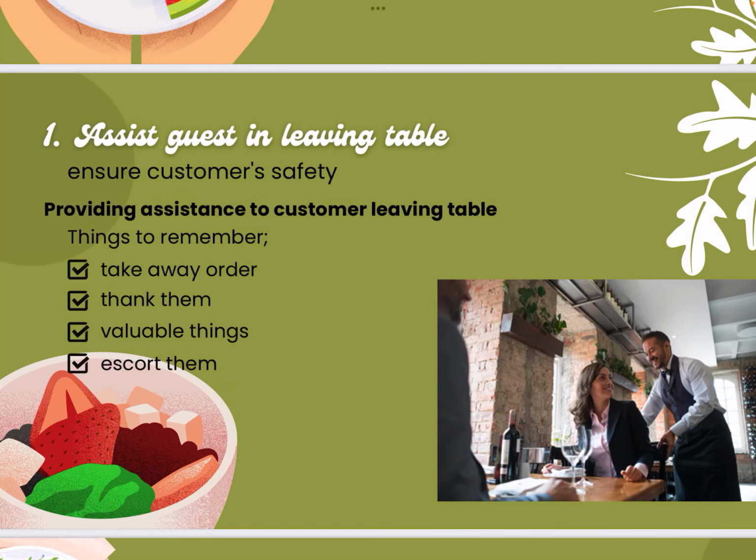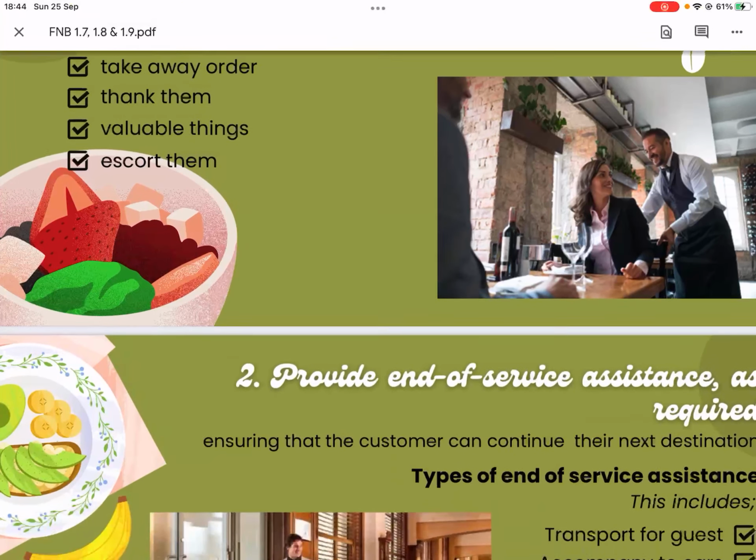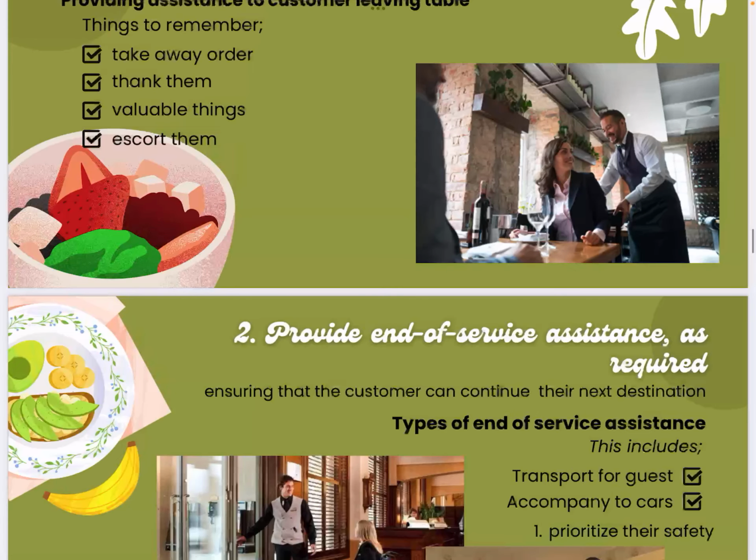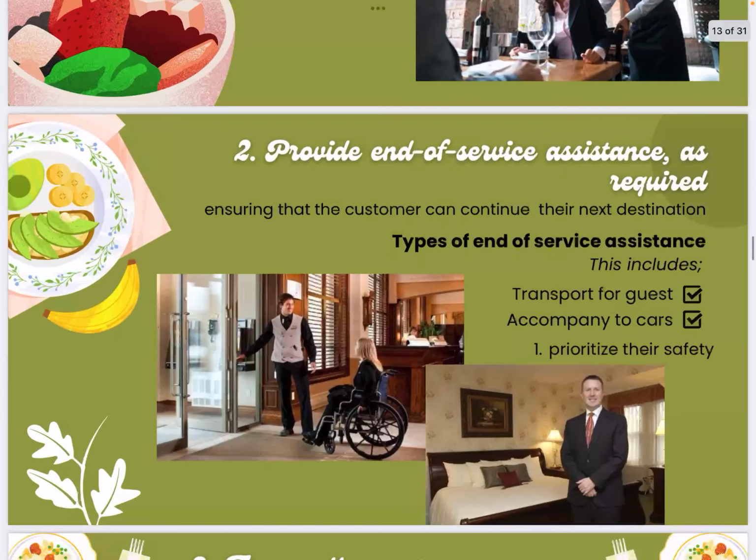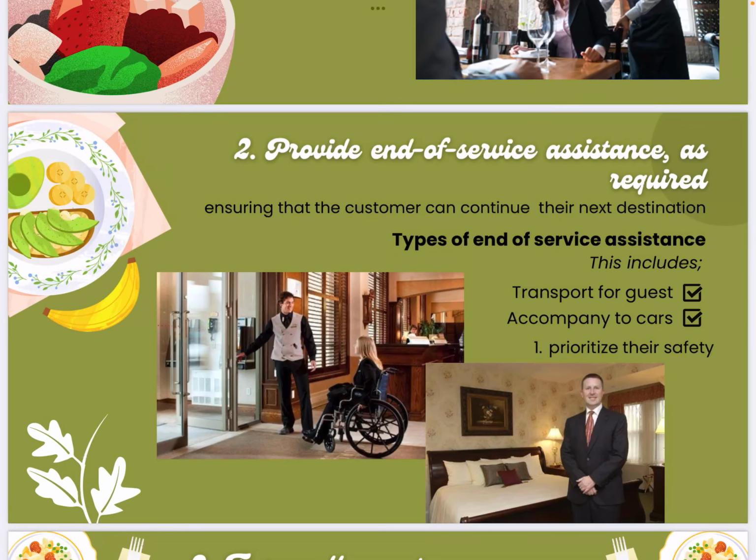You must check under the table and on the sides, and give it to them if they left any valuable items, and escort them outside the door. So these are the different kinds of services that we provide to the guest.